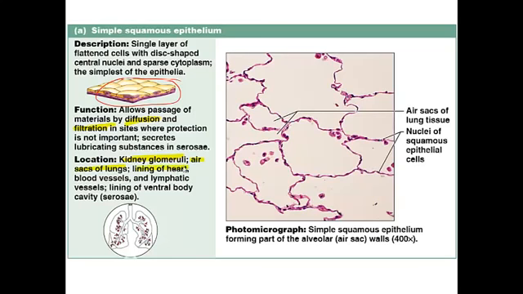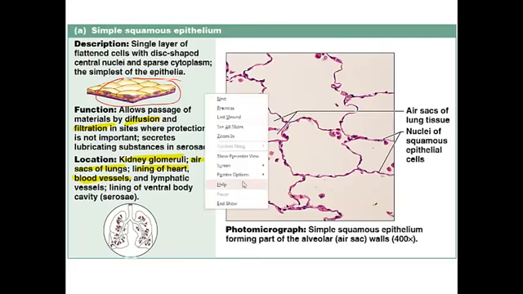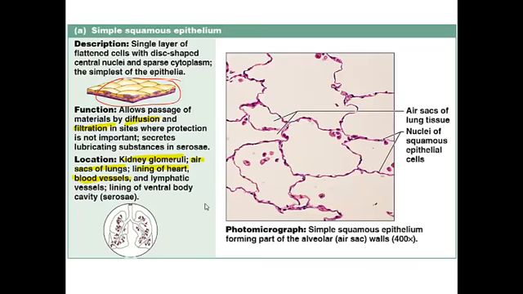And lining the heart and blood vessels, we have special simple squamous epithelium that has specific names to it. So for example, lining the cardiovascular system, remember from chapter 1 that the cardiovascular system includes the heart and the blood vessels.